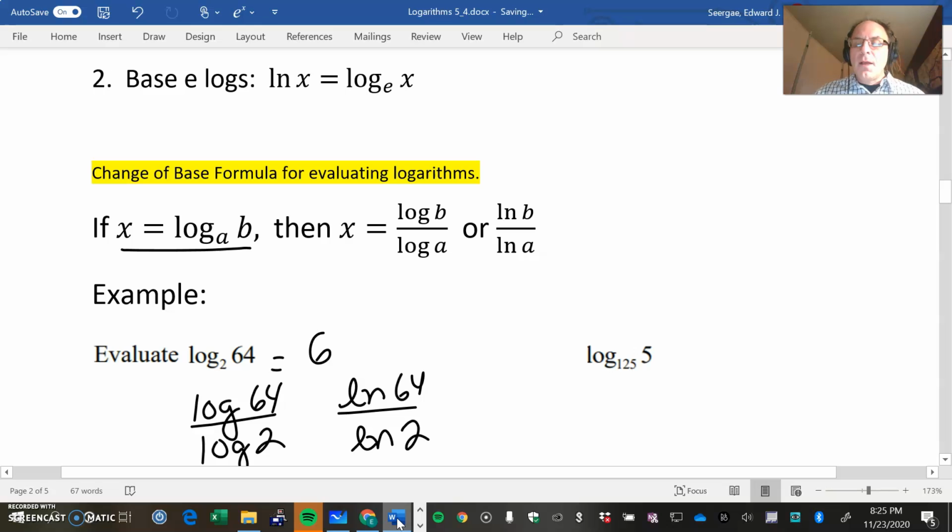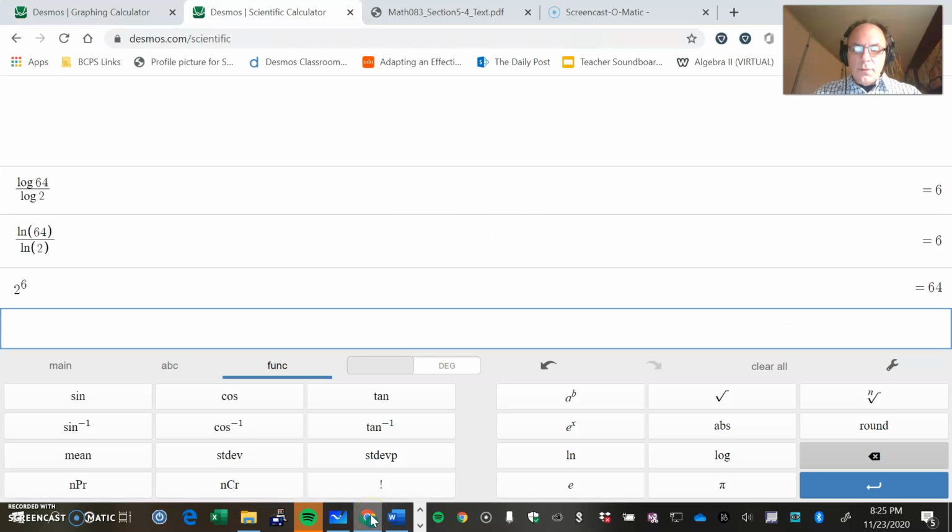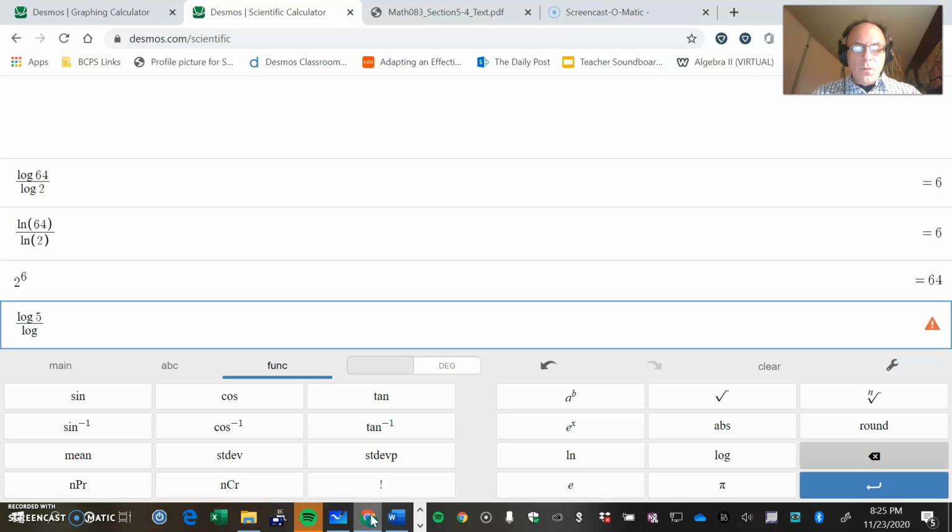Okay. So the same thing over here. Remember, the base goes on the bottom, so log 125 goes on the bottom, and log 5 on top. So I can do log 5 divided by log 125, and that equals 0.333333, or 1/3.